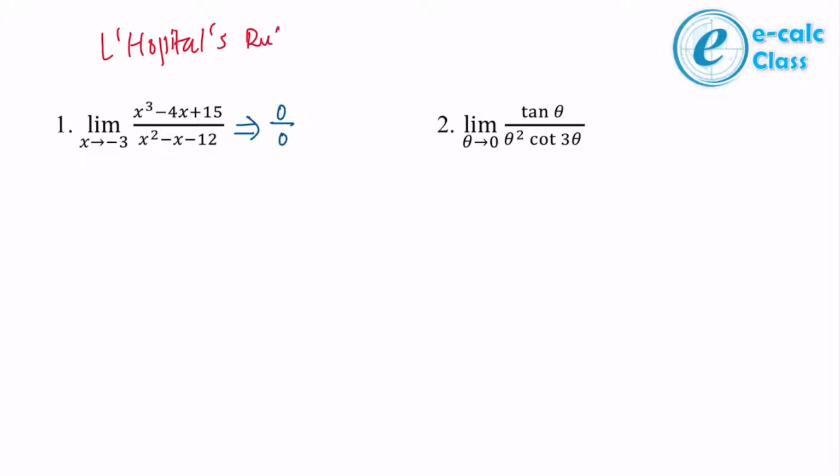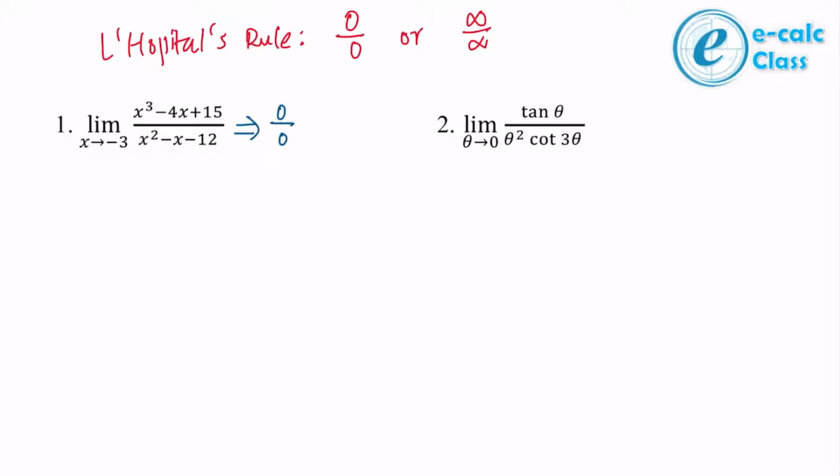Just in case you forget, to use L'Hopital's rule we need either 0/0 or infinity/infinity. Other indeterminate forms cannot. You need to make it into a quotient, which is 0/0 or infinity/infinity.